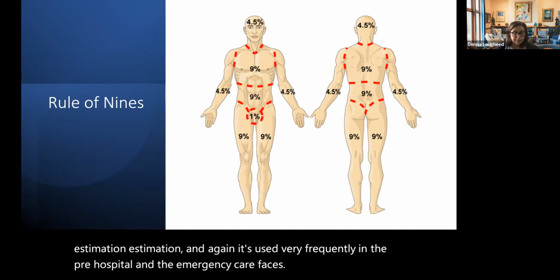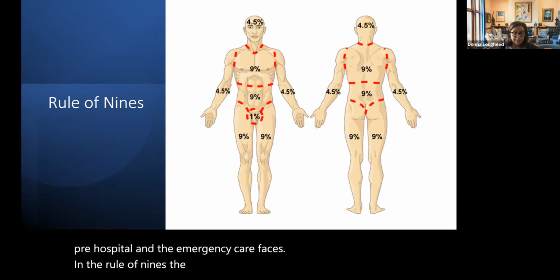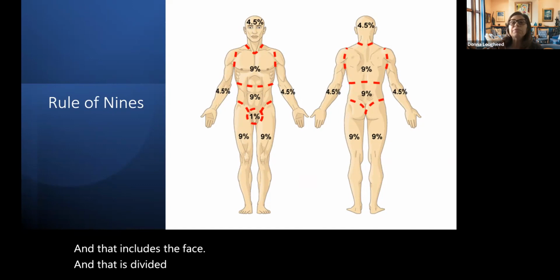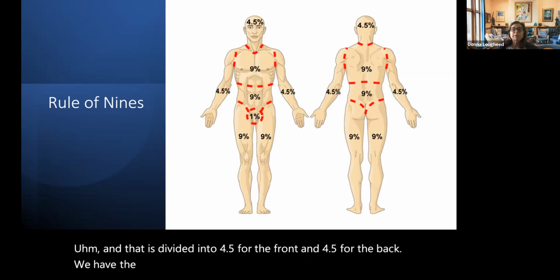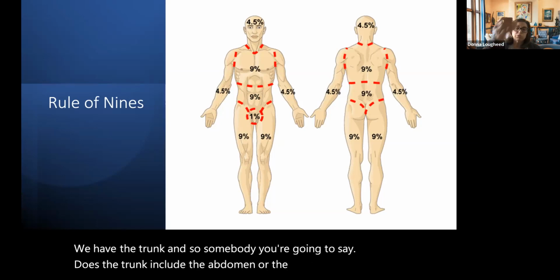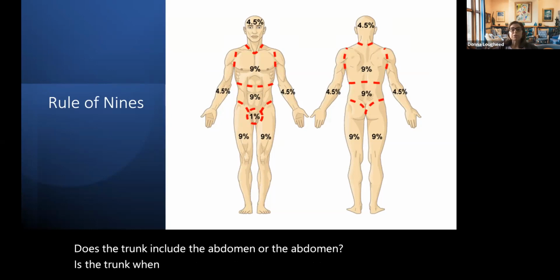In the rule of 9s, the adult body is divided into 5 surface areas. We have the head, and that includes the face. And that is divided into 4.5 for the front and 4.5 for the back. We have the trunk. And some of you are going to say, does the trunk include the abdomen, or the abdomen includes the trunk? When I say the word trunk to you, that's 18%.